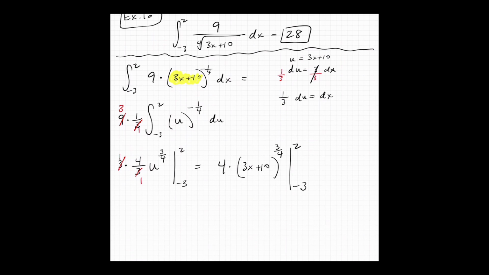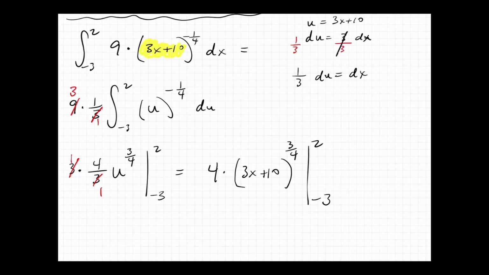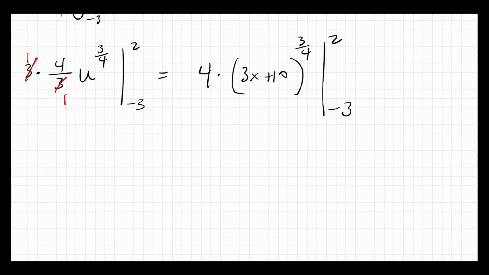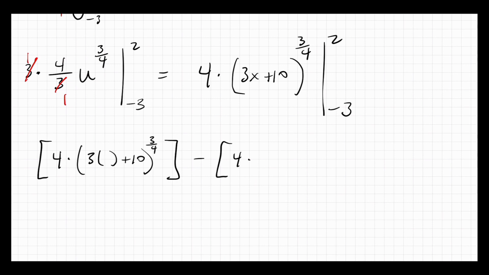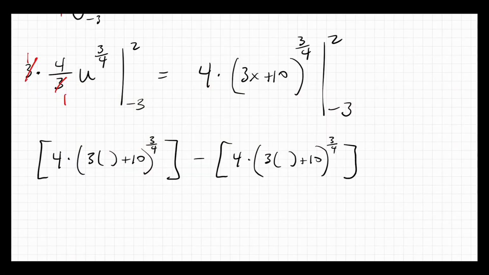Now all I have to do is plug in 2, plug in -3, and get my answer. So if I plug in, let's see, 4 times (3x plus 10) to the 3/4 power minus 4 times (3x plus 10) to the 3/4 power.